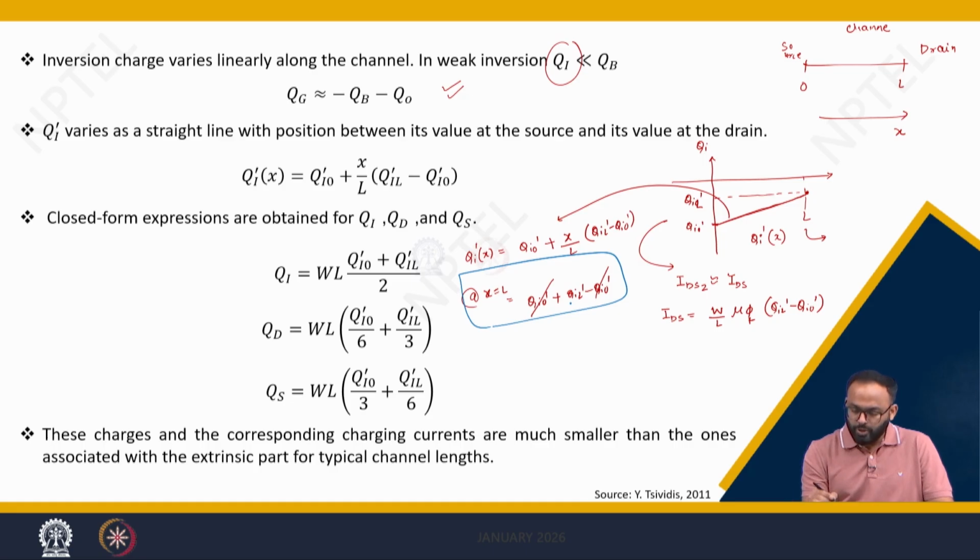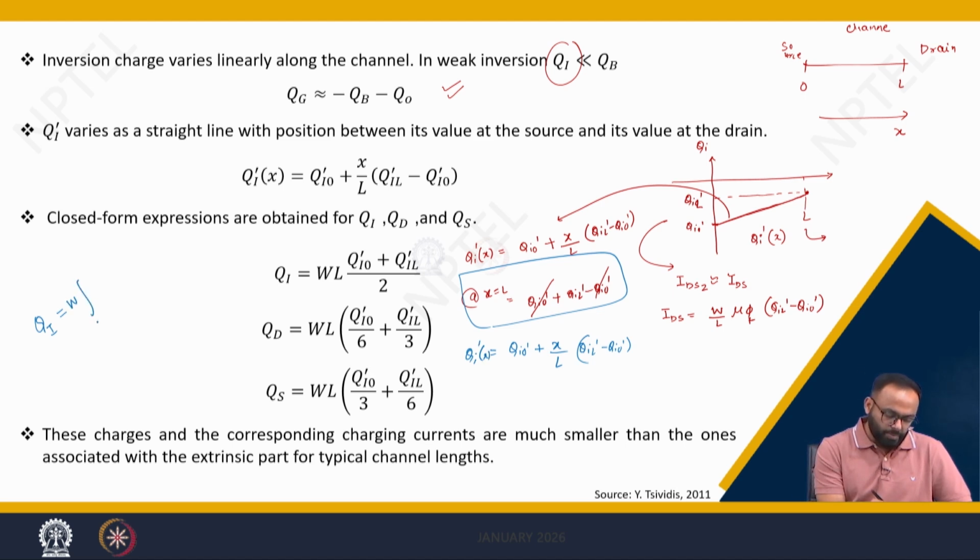Now I can use the same formula I was using in the previous lecture for QI. Here the advantage is that I have a charge which is dependent on x, and a simple formula, QI0' plus x divided by L into QIL' minus QI0', which is QI'(x). So I put that in this formula, W times the integral from 0 to L of the charge per unit area dx.